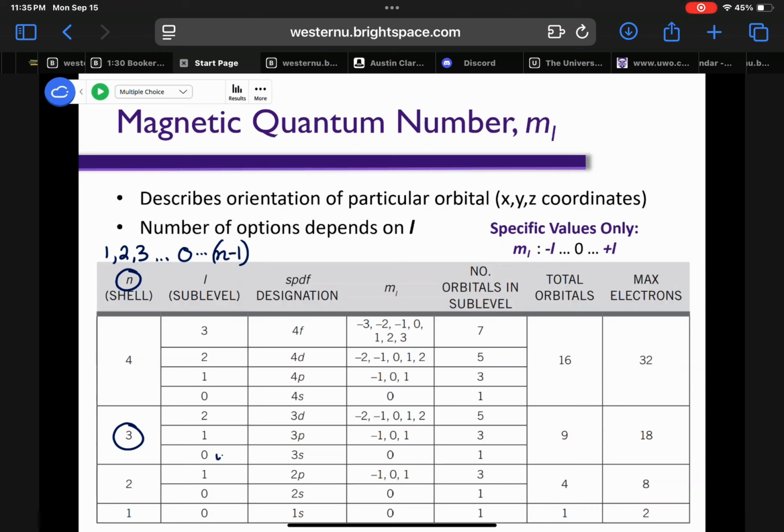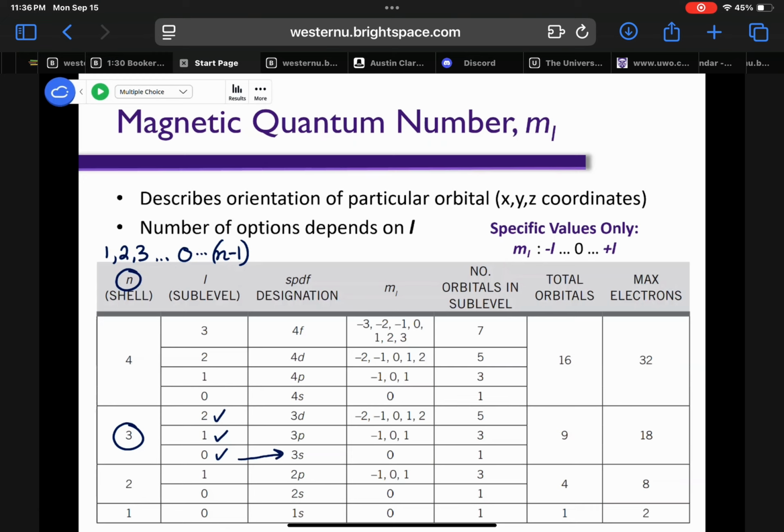There's an option, and it could be up to 1, and all the way up to n minus 1. So 3 minus 1 is 2. So the L options are 0, 1, and 2 if n equals 3. Well, for 3 and 0, we count S, P, D, F. 0 is S. That tells us we're talking about a 3s orbital.